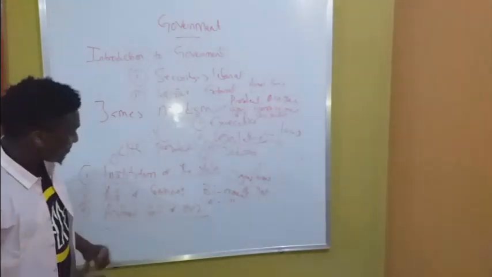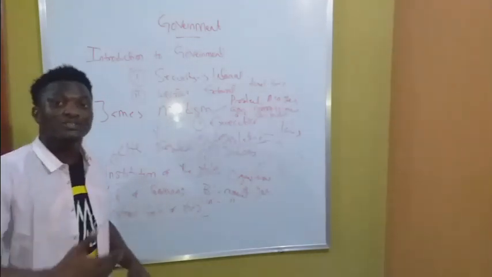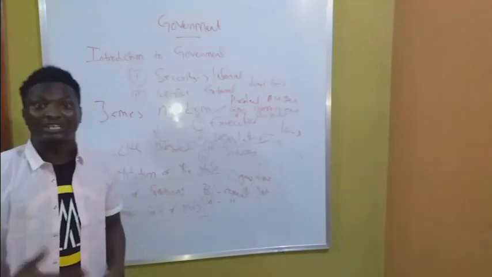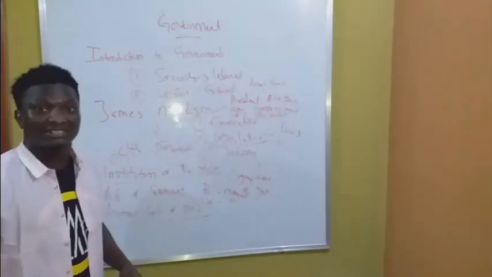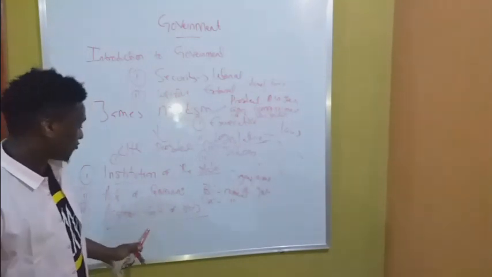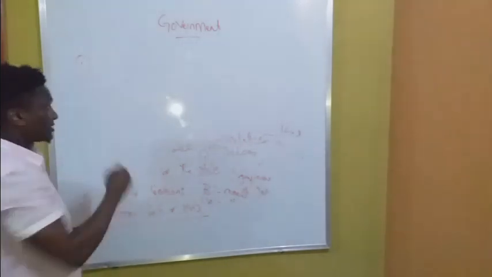Okay, now back to this. Government is an academic field of study. It is basically studying the rudiments of government under different names. Now, what are the programs that are available under government as an academic field of study? They include, as I mentioned earlier, that government can be studied as law.